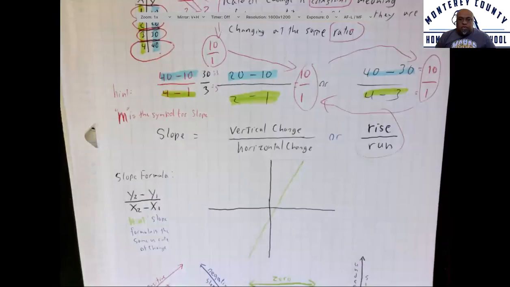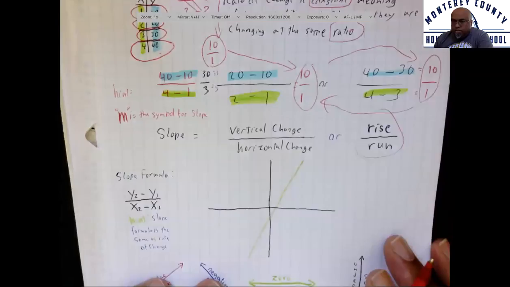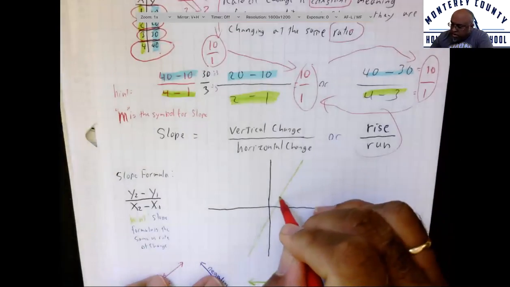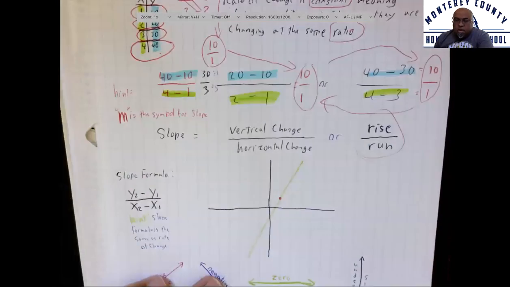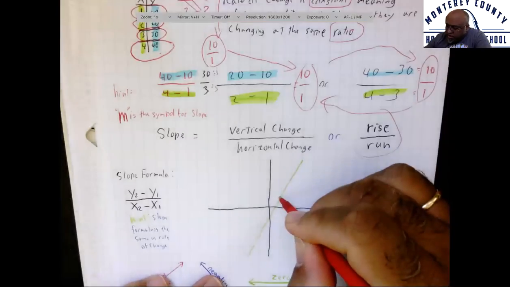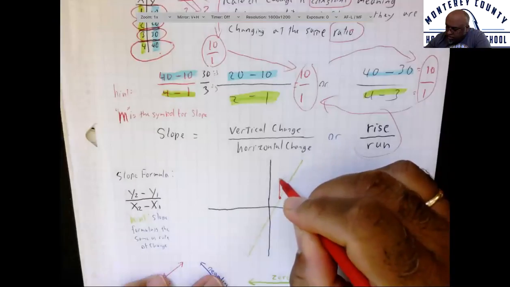Now, to find vertical change and horizontal change, there are a few different ways that you can do that. Okay? So what you want to do is pick a particular point on your graph. Okay? Now I'm going to go ahead and pick this point right here. And then you go up or rise however many spots it would take you to put you perpendicular to the next point.